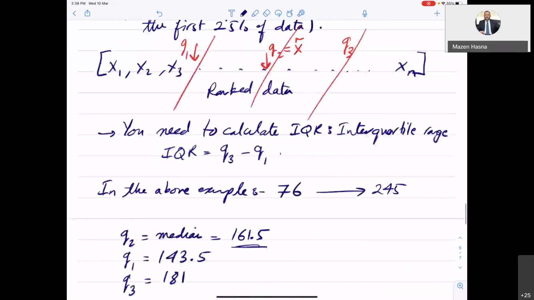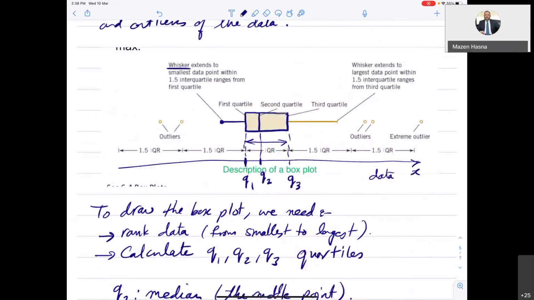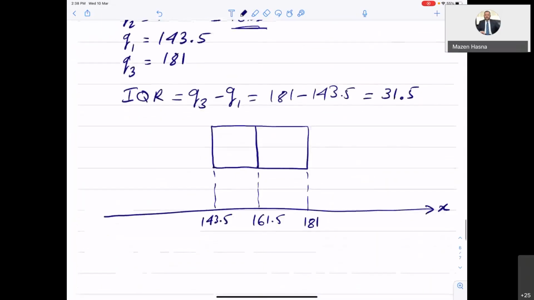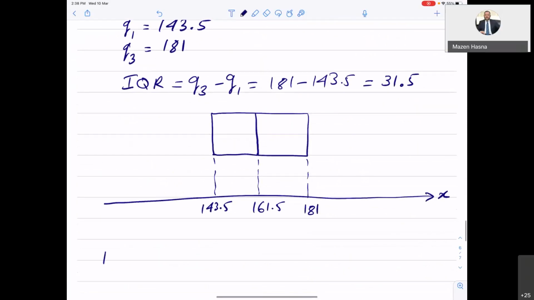We said we will plot lines that go to within 1.5 times IQR. What's 1.5 times IQR? It's 1.5 times 31.5, which is 47.25.